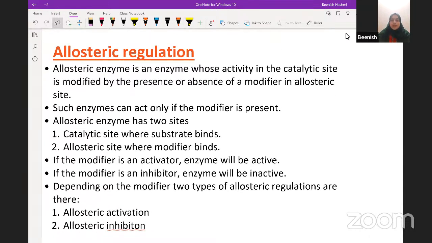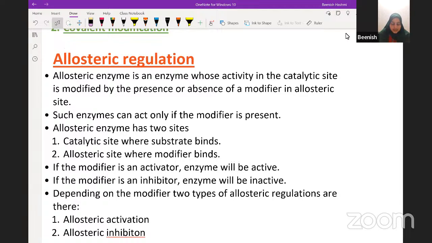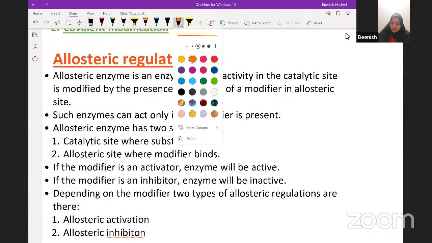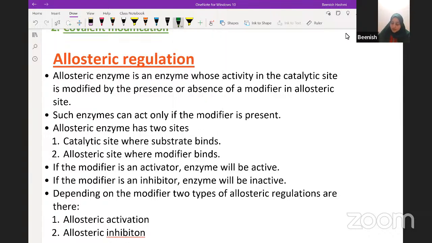So let's begin with allosteric regulation. An allosteric enzyme is an enzyme whose activity in the catalytic site is modified by the presence or absence of a modifier or an effector in the allosteric site. So this statement means that, let's suppose this is an enzyme.